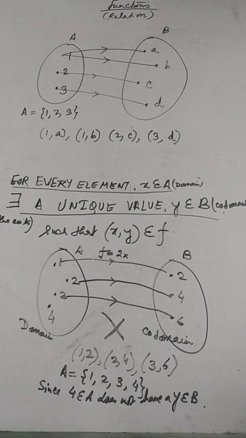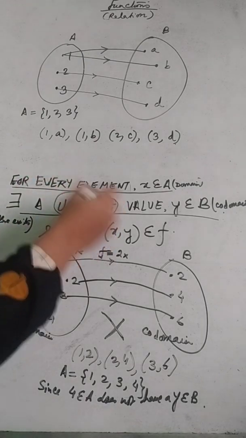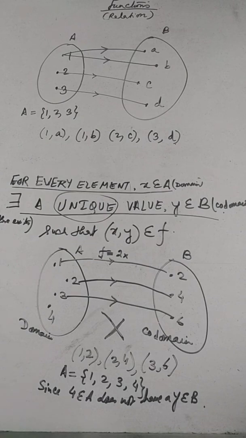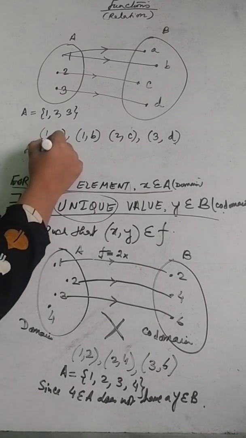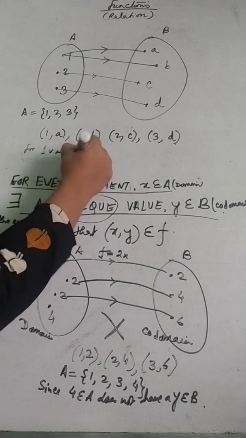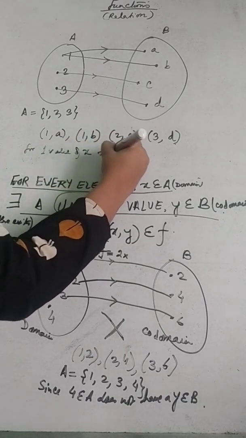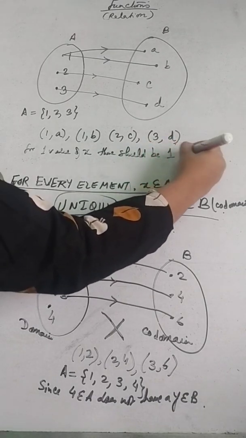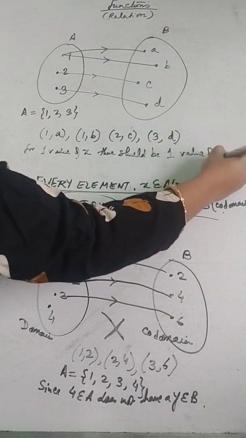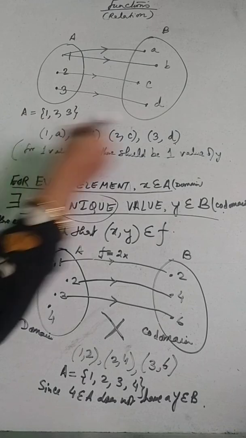Now the second criteria, there exists a unique value of y. Unique value means only one value of y. For one value of x, there should be one value of y. This is what is needed according to the definition of a function.